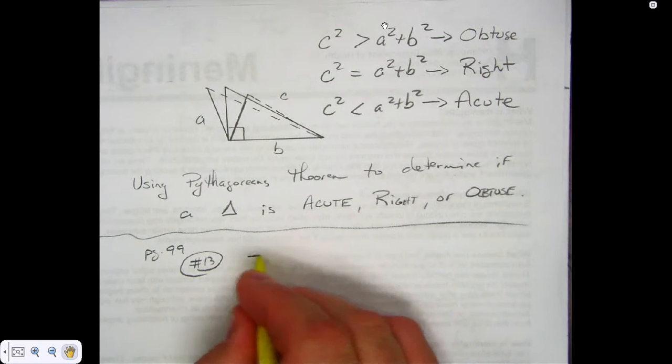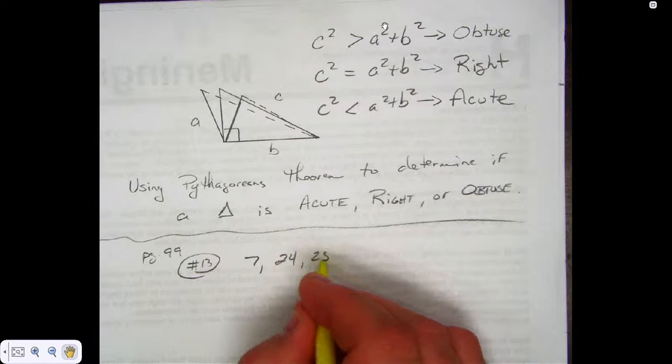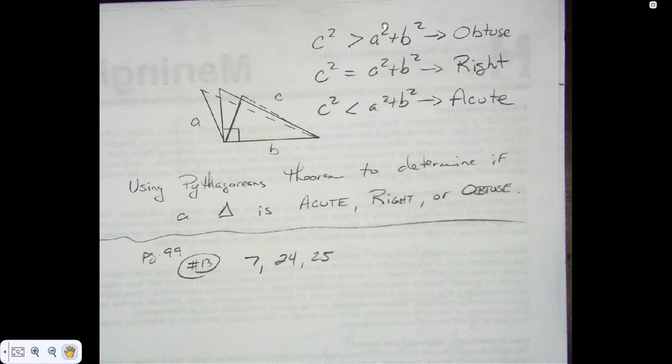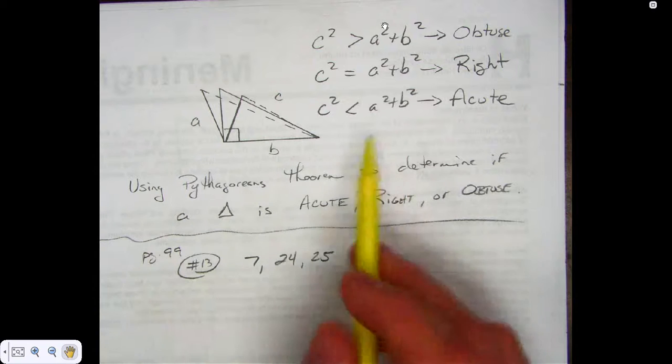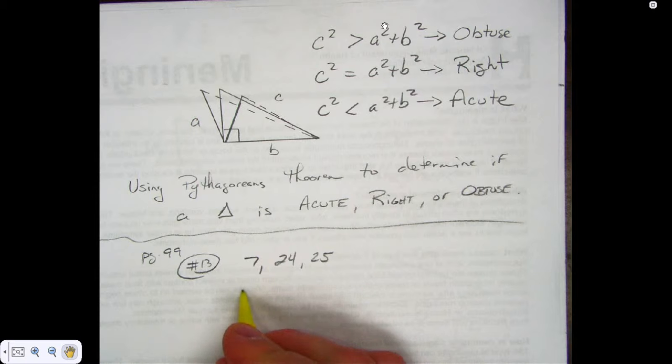We have one of 7, 24, and 25. And they want you to justify your answer. I justify my answer by plugging it in and seeing how. Right now, though, when dealing with triangles or right triangles, what are you going to find first? The C, right? The big one. So what do I have to see? I have to see how what?